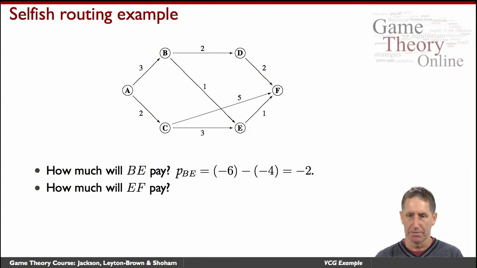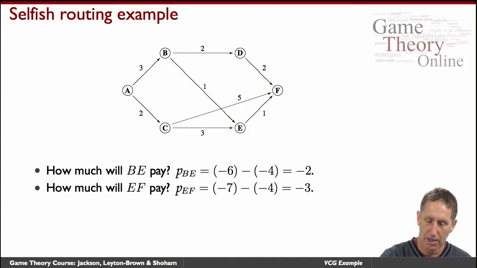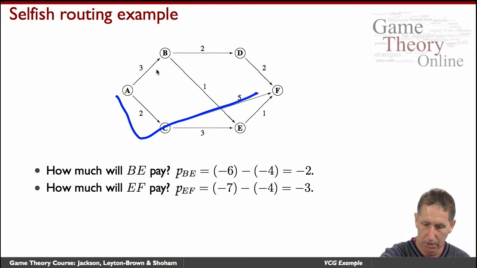What about EF? Same sort of calculation, although the outcome would be a little different, because in their case they will be getting a payment of 3. Why is that? Well, without them in the picture, this would no longer be the shortest path. The shortest path would have a cost of 7, whether it's this one or this one.